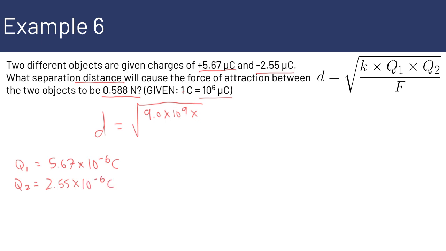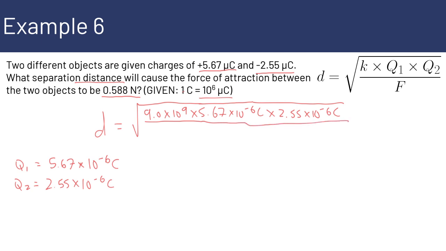So we have 5.67 times 10 to the minus 6 coulombs, and then 2.55 times 10 to the minus 6 coulombs. All of that under the square root, multiply all those together, and divide it by the force of 0.588 newtons.